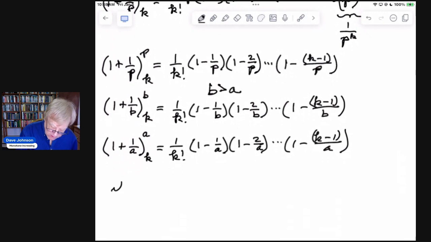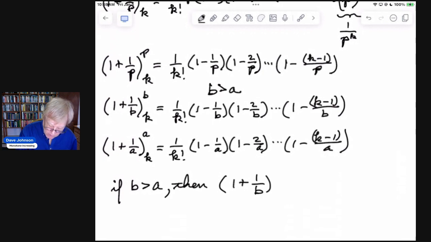So let me write that. If b is greater than a, then 1 plus 1 over b raised to the b, the kth term, is going to be greater than 1 plus 1 over a raised to the, I didn't mean k there, I meant the a.